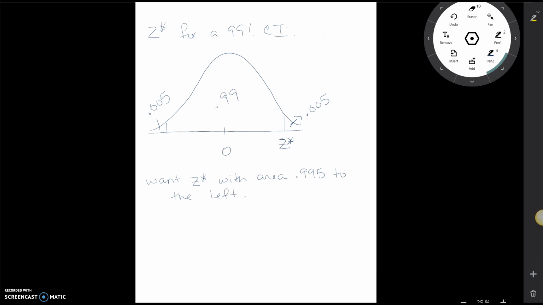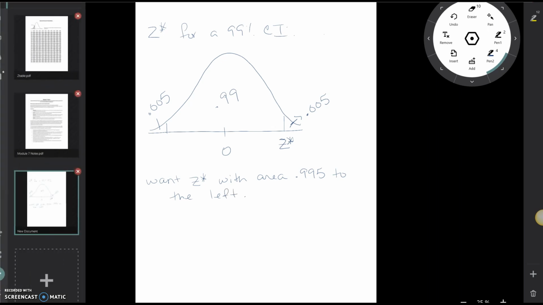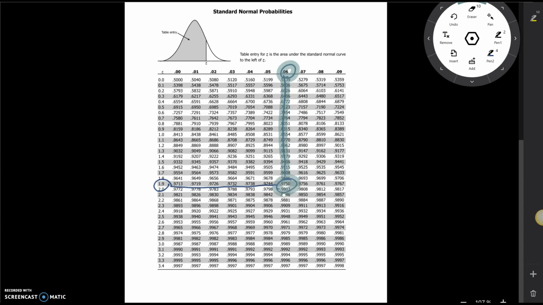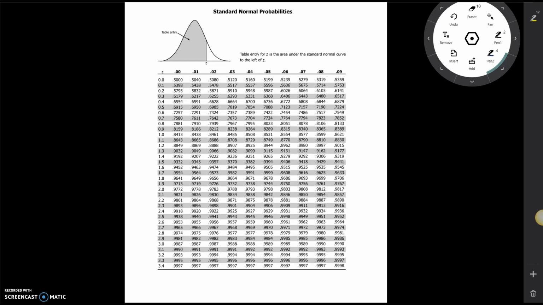So I'm going to go over to my standard normal table, erase what we had before, and now I'm looking for 0.995.